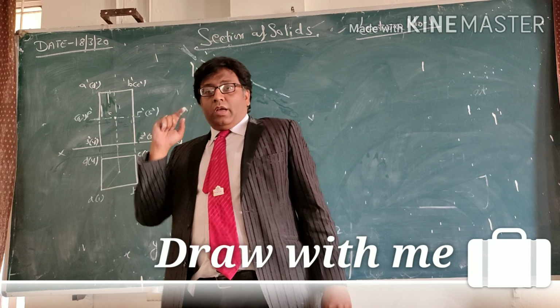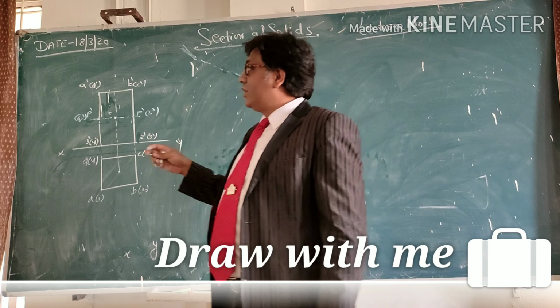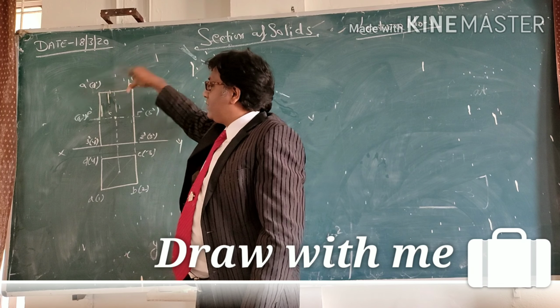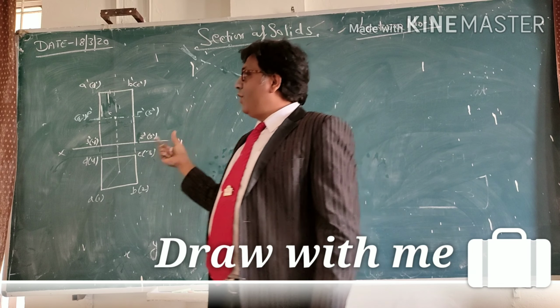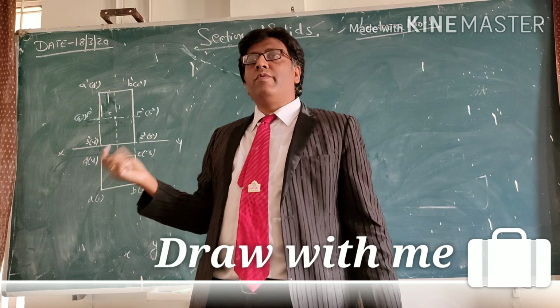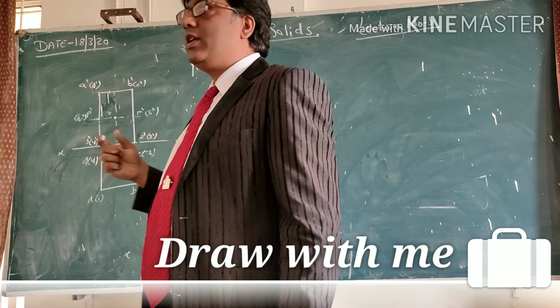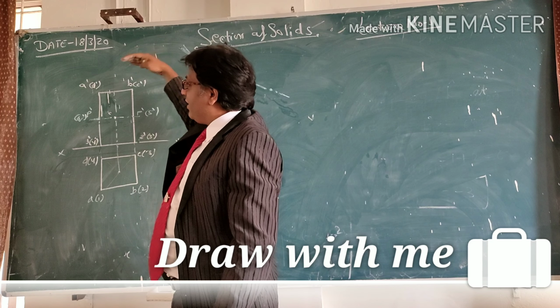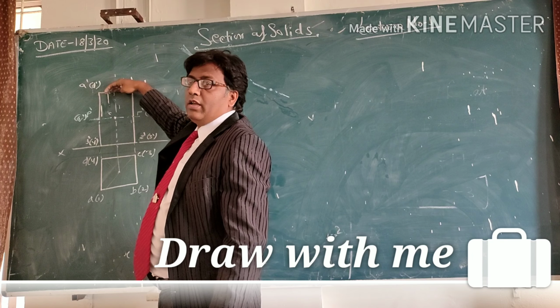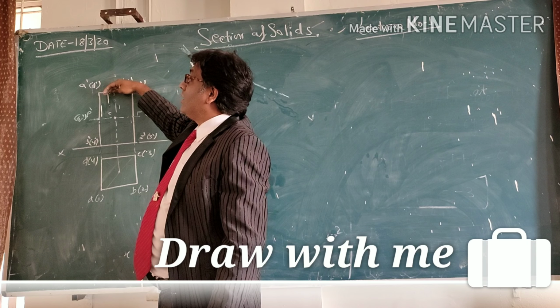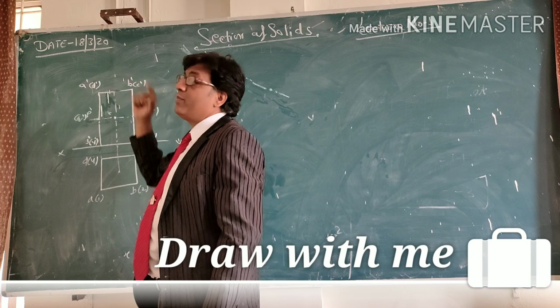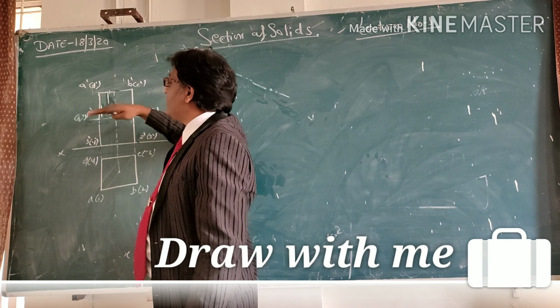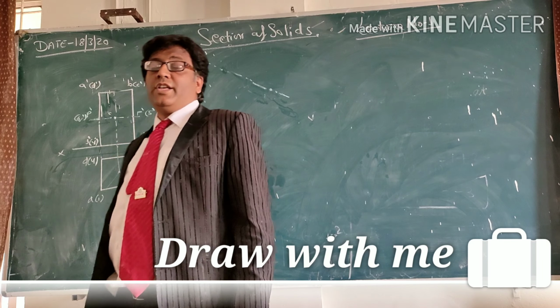Now, I just want to ask you that after cutting, this portion will get removed. What are we able to see in the top view? We are able to see only the shape of its base, because the plane is parallel to HP.